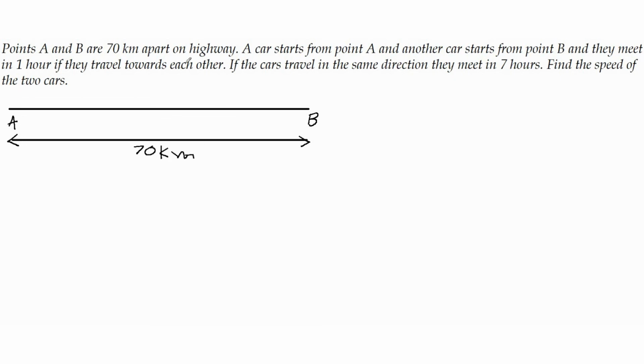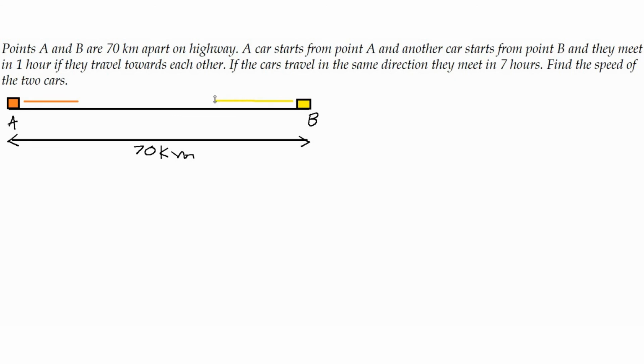Now, if 2 cars start from point A and point B, so let's label 2 cars. This is the car starting from point A and this is the car starting from point B. If these cars travel towards each other, that is, the car at A moves towards the right, and the car at B moves towards left, then they meet each other in 1 hour, right?